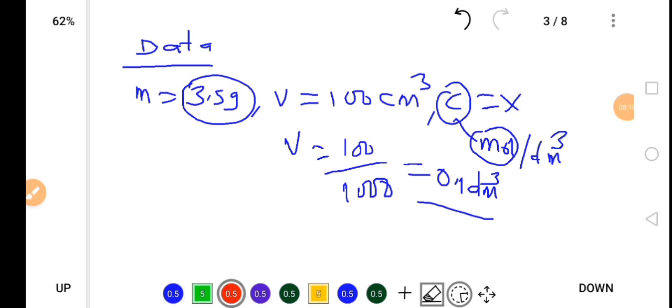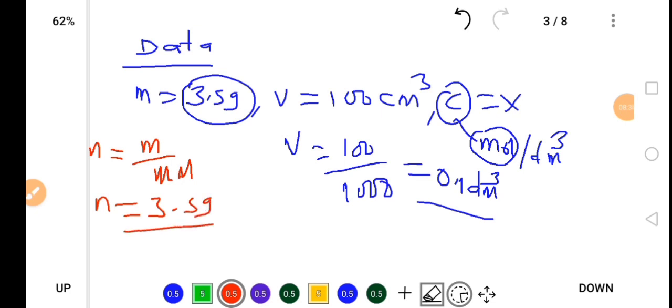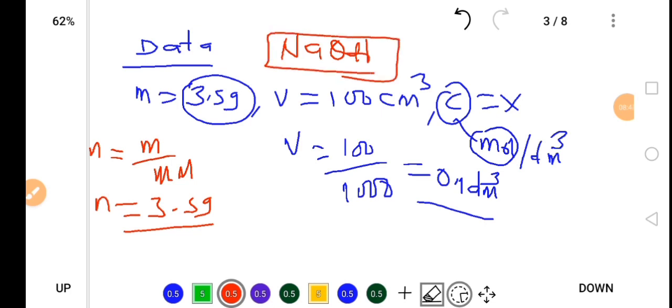So we are going to say mass being converted to moles, moles equals mass given over molar mass. So number of moles is 3.5 grams over the molar mass of sodium hydroxide. When you go back to molar mass, you find that it will be 40 grams per mole.